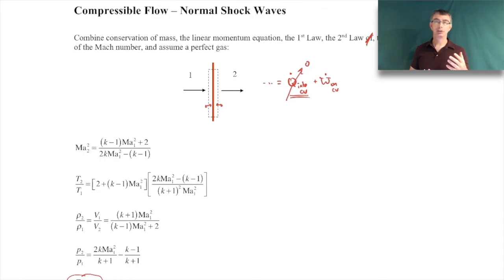So in addition to analyzing flow through part of the nozzle using the isentropic relations, there'll be cases where we have to apply the normal shock relations across a shock wave to analyze what's happening in those converging diverging nozzles. That'll be in the next lecture. Okay, so we've covered isentropic flow relations, and now we have normal shock relations, and we'll put them all together in the next video.